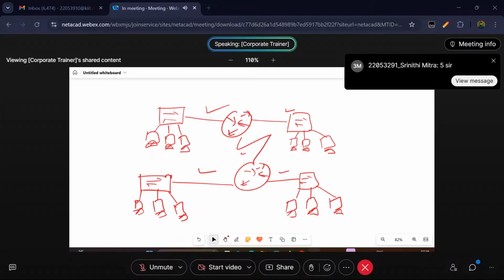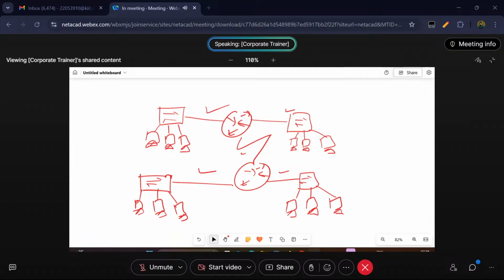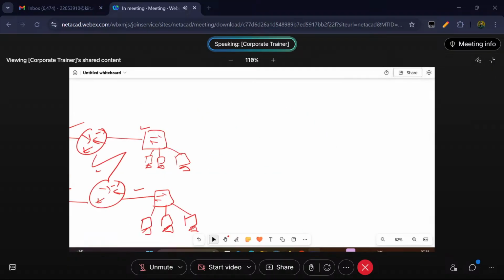So let me use the IPs for the 5 networks. You can write it down: 200.10.20.0. Another network is 200.10.21.0. Which class IP is this, guys? Suppose I'm using classful IP of /24. So which class IP is this?